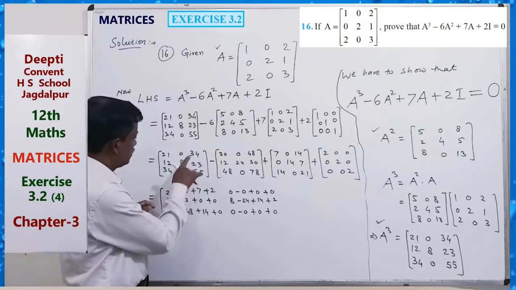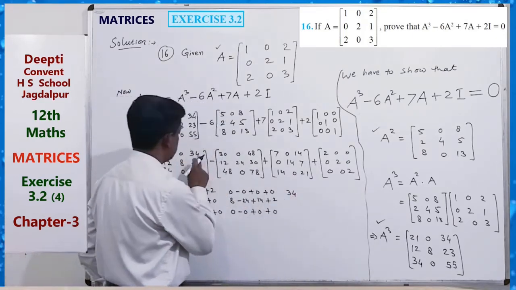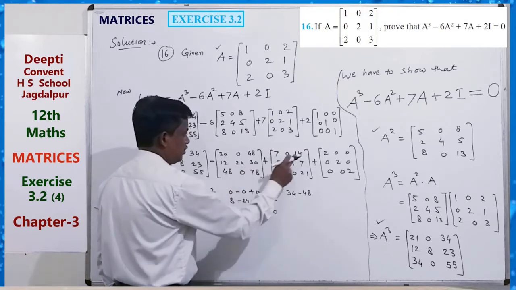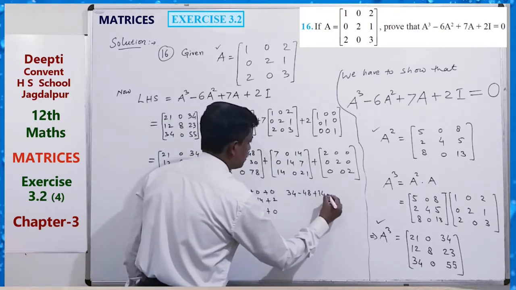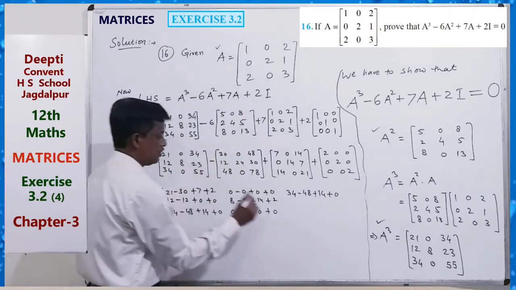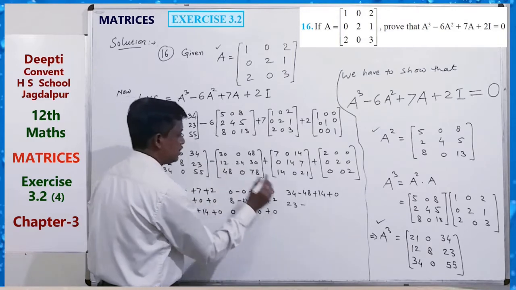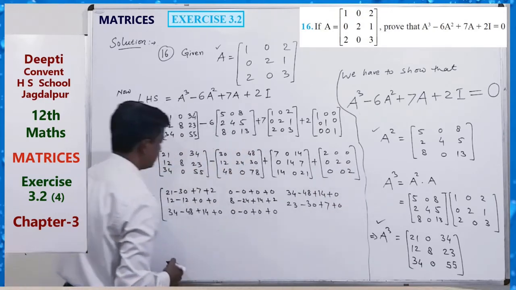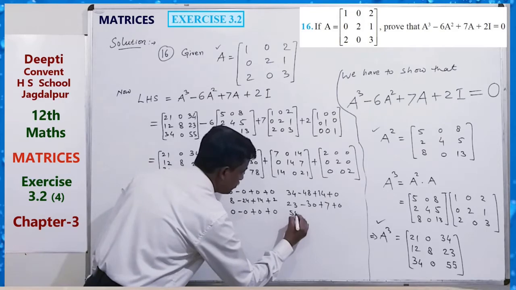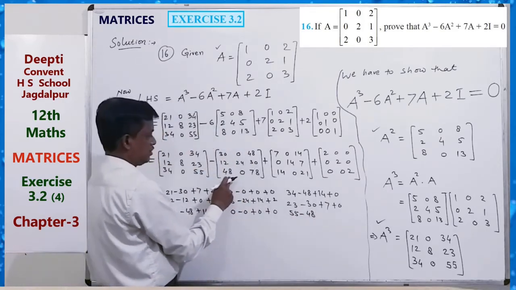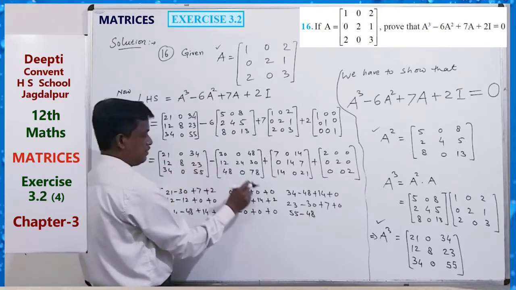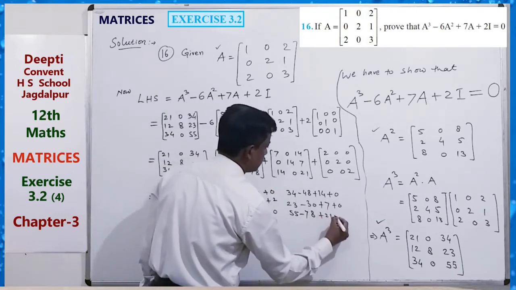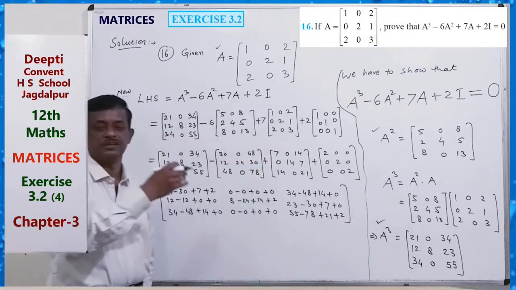Now this element: 34 minus 48 plus 14 plus 0. 23 minus 30 plus 7 plus 0. 55 minus 78 plus 21 plus 2.